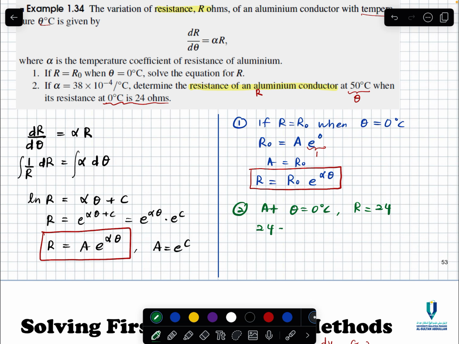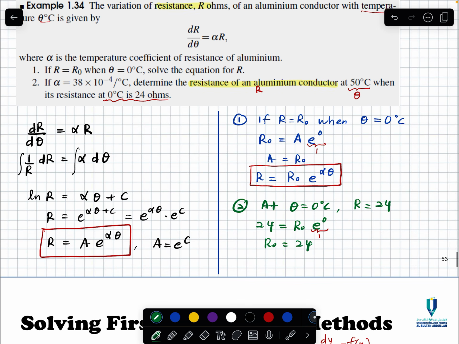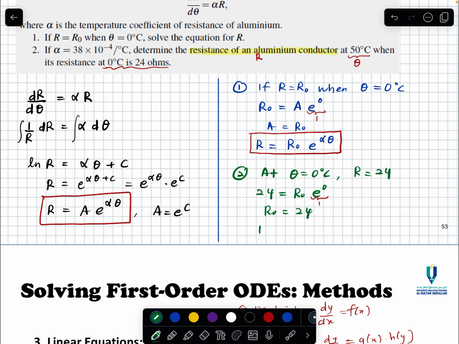R is 24, R naught is unknown, e, and theta is 0. So here e to the power of 0 is 1. So now we know that R naught is just 24. So your current solution becomes 24 e to the alpha theta. So you can update the formula.